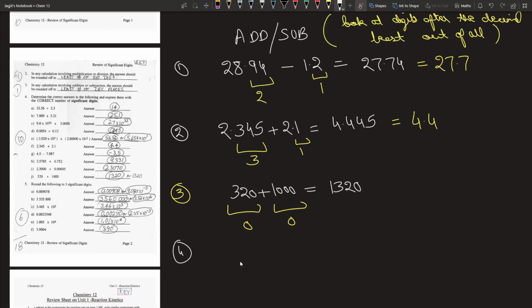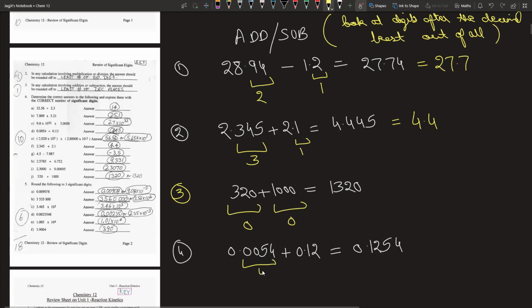So far, so good. Okay. What if I give you 0.0054 plus 0.12? So let's add this up. 0.0054 plus 0.12. It gives me 0.1254. We got to look at the numbers after the decimal.